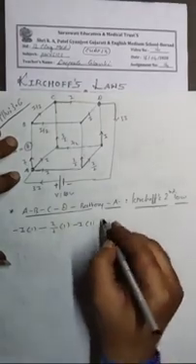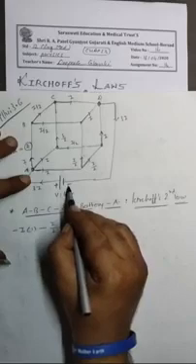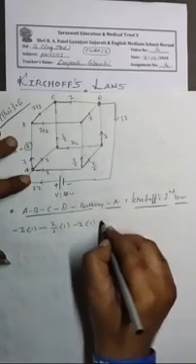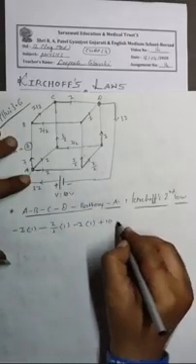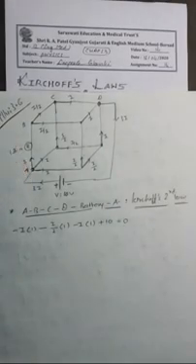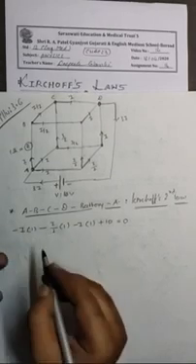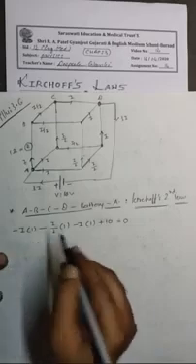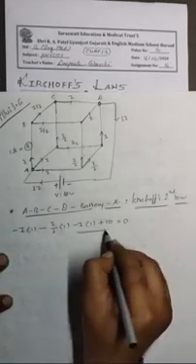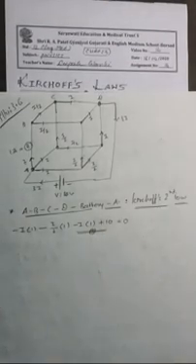Now a battery, negative terminal, its EMF you have to take positive, that is 10, equal to 0. Okay, so what will remain? So this is the idea for how to use Kirchhoff's second law.